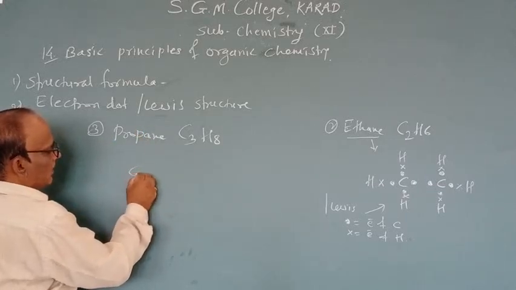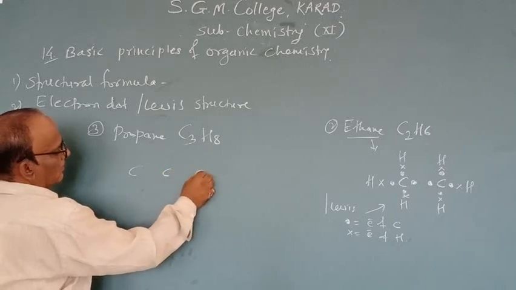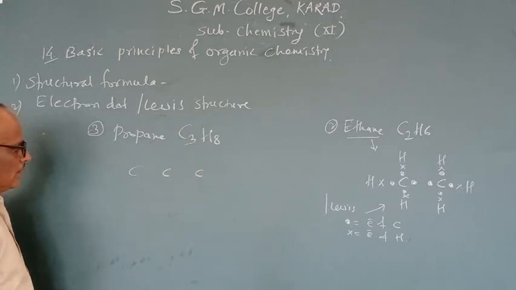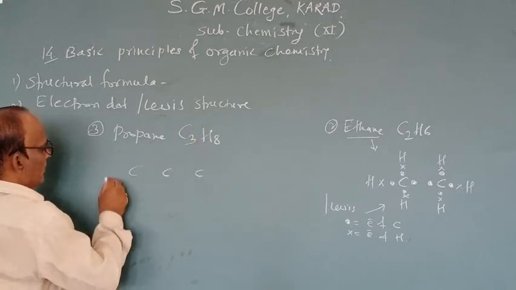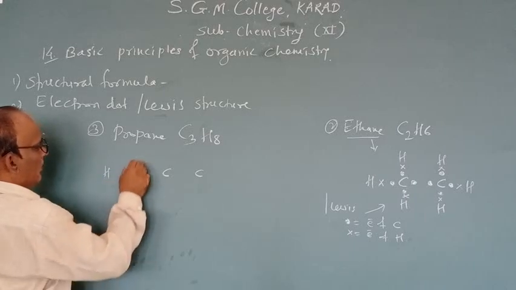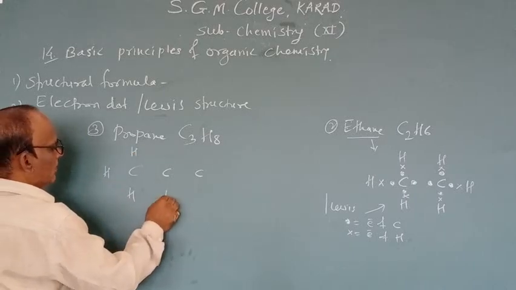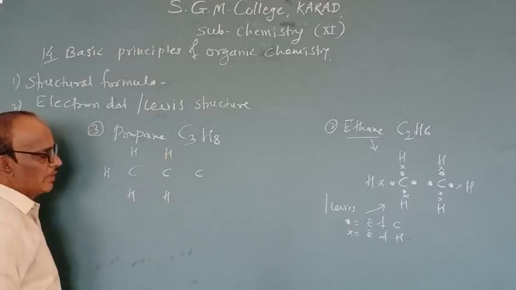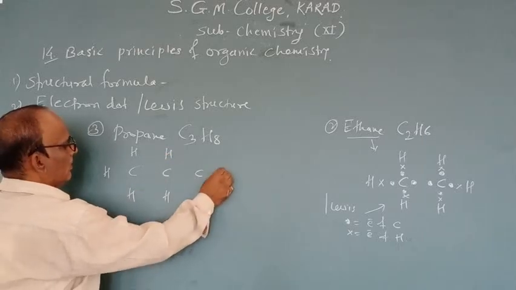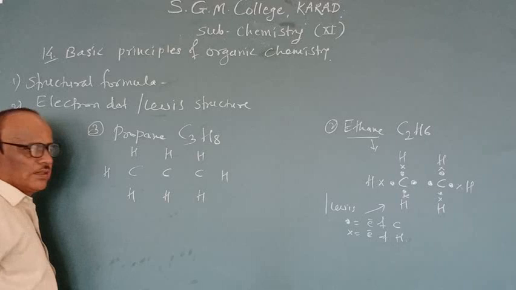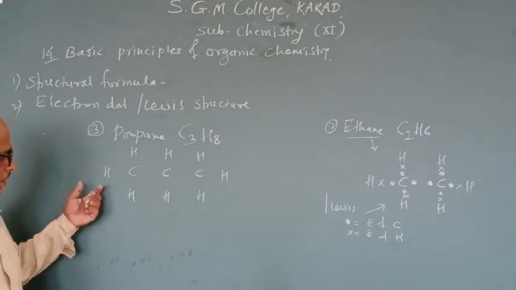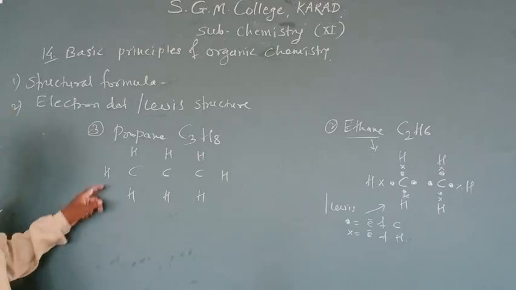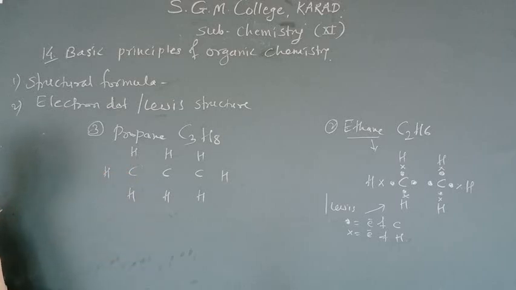So write first 3 carbon atoms in this way, then write 8 hydrogen atoms. Out of 8, 3 hydrogens on the first carbon, 2 hydrogens on the middle carbon atom and 3 hydrogens on the third carbon atom. Then write the electrons of carbon and hydrogen.